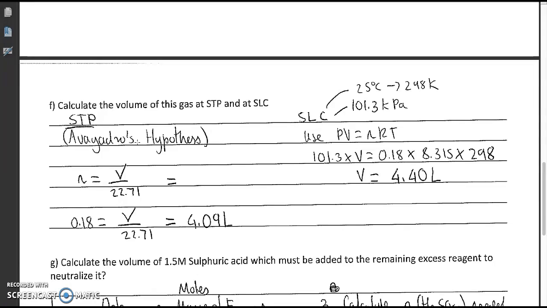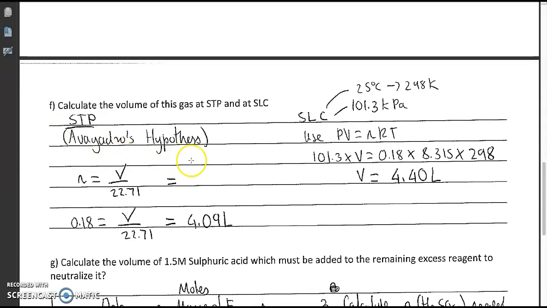Now we get to some of the gas questions, which, though we've covered quite a lot, you're probably less familiar with because you've had less time with them. But two things that are often asked are to calculate volumes at standard temperature and pressure and standard laboratory conditions. So the first thing we're going to do is calculate the volume of this gas, the carbon dioxide produced, at standard temperature and pressure. So it's very easy because we can use Avogadro's hypothesis for this.